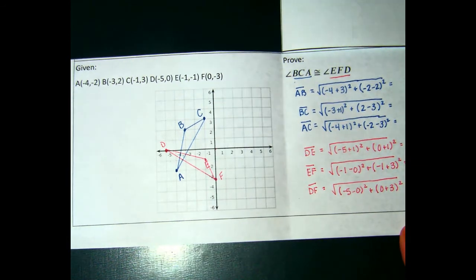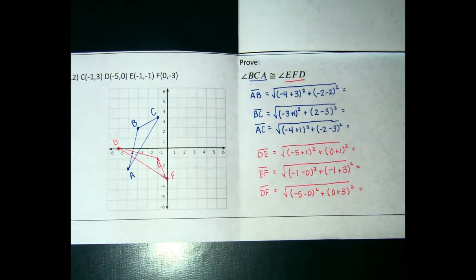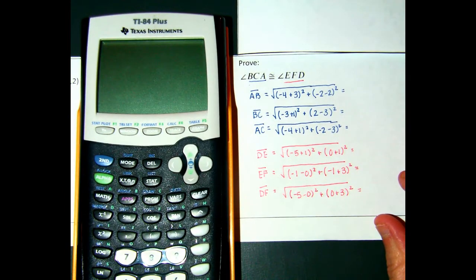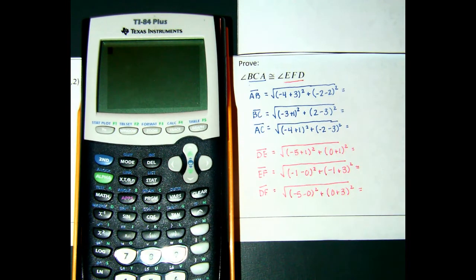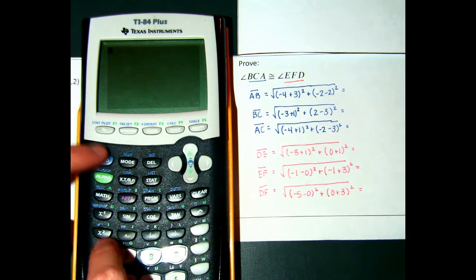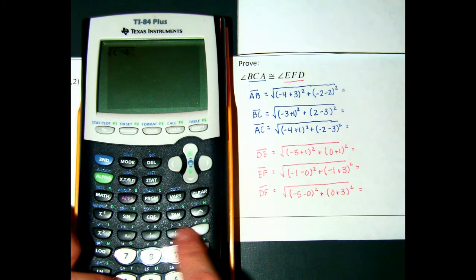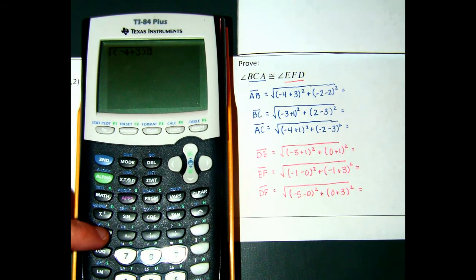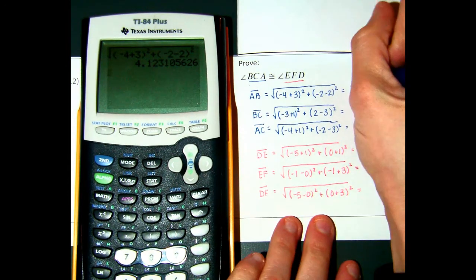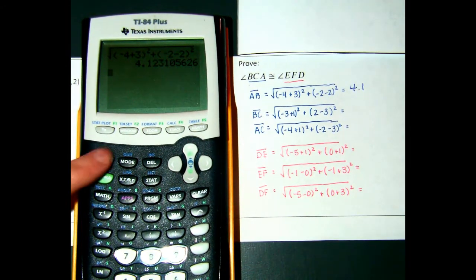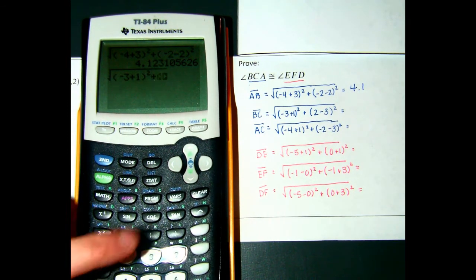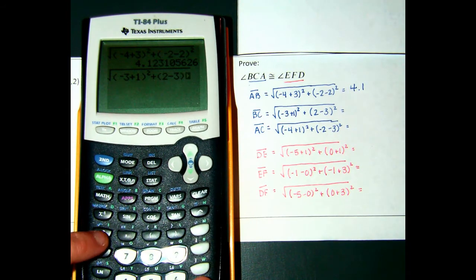Alright, now that I have them all set up, I'm going to type them in and see if I've got any that are congruent. I could look over here and see which ones I think should be congruent, but we're not going to do that. We're just going to go ahead and type these in and see what's going on. So I'll clear that out. So AB, I've got the square root of negative 4 plus 3 squared plus, parentheses, negative 2 minus 2 squared. Alright, the square root of negative 3 plus 1 squared plus 2 minus 3 squared.